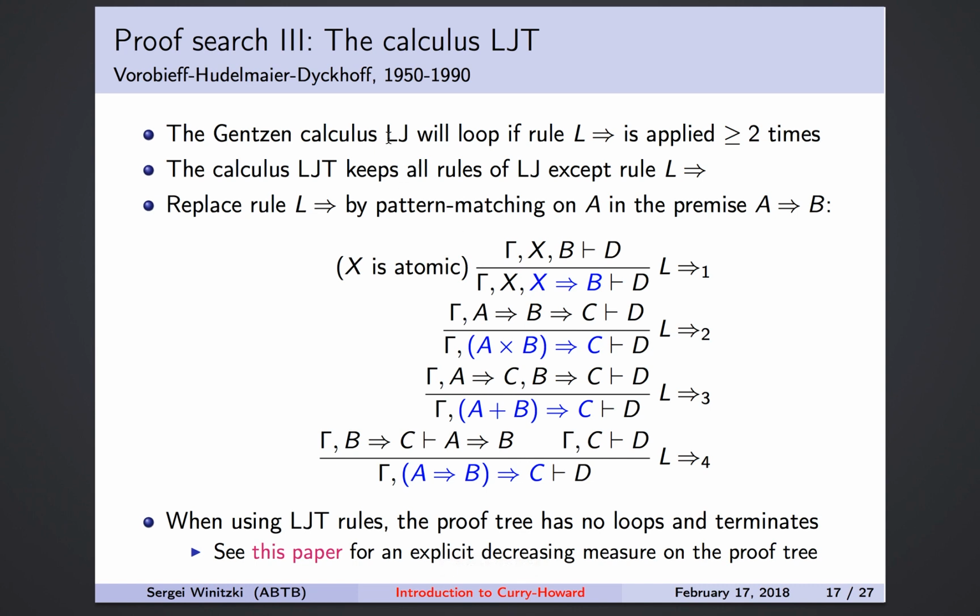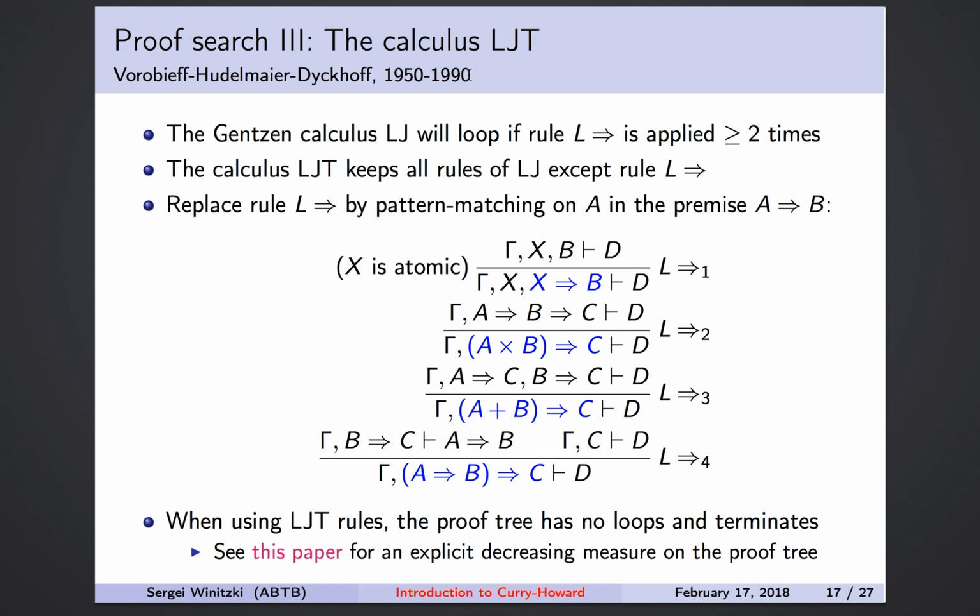It will loop. Now, there has been a lot of work trying to fix this problem, literally decades of research by mathematicians. The main ones I found were Vorobyov, who published in the Soviet Union, and Hudelmeier and Dyckhoff, who published in the United States.